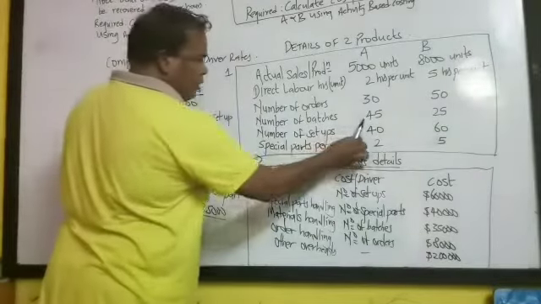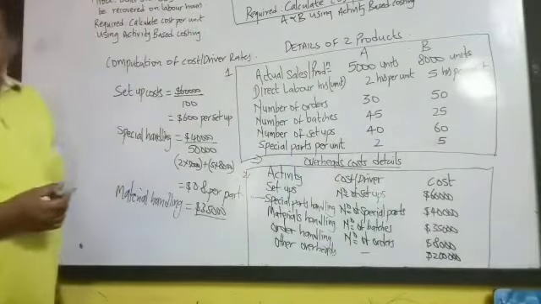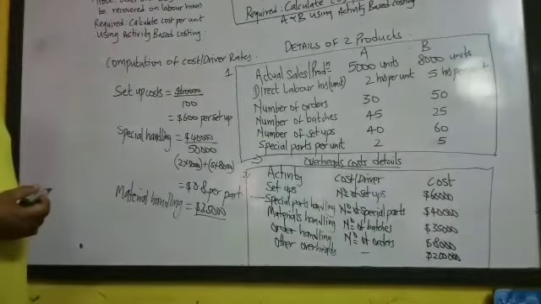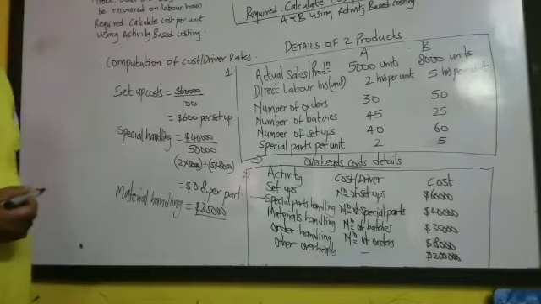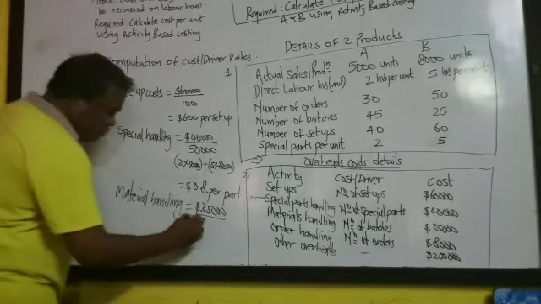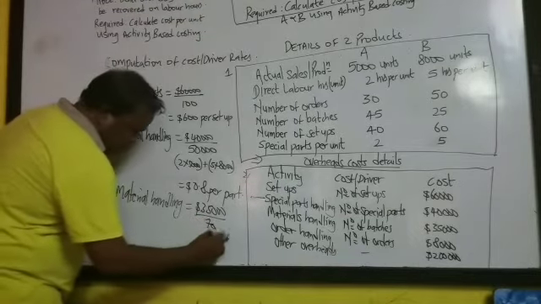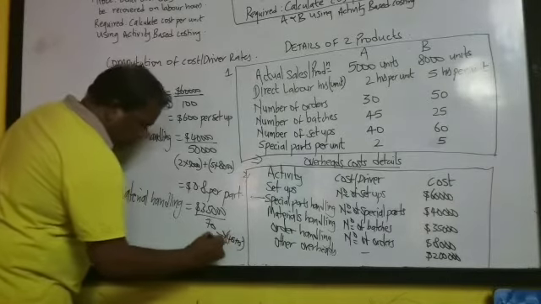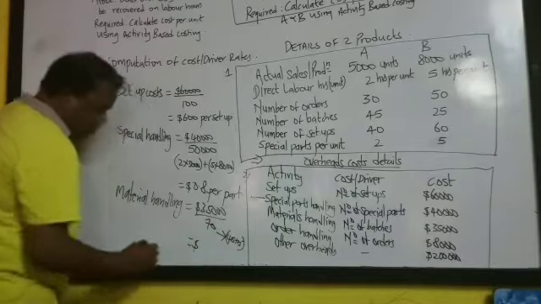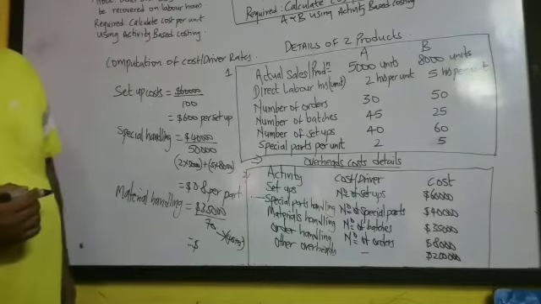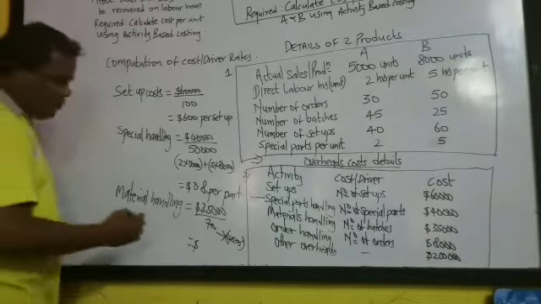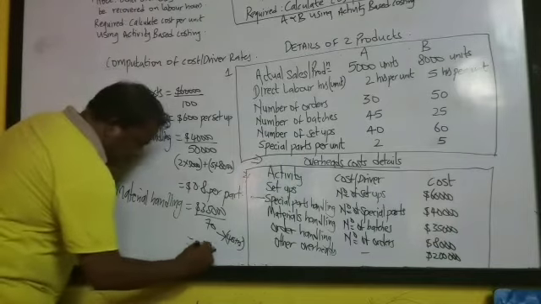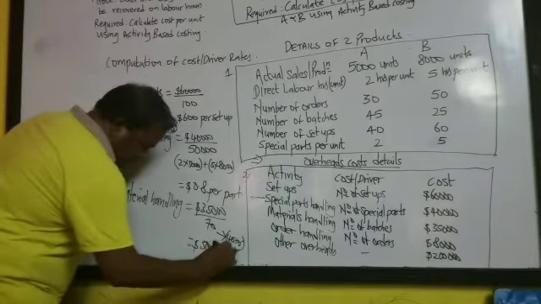Number of batches we have 45 and 25, this will give us 70. 45 plus 25, then we'll divide. This will give us 500 per batch.